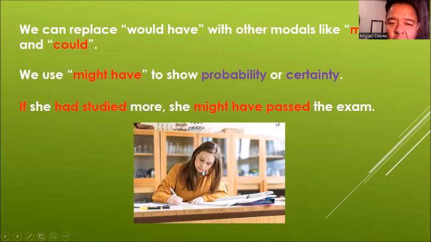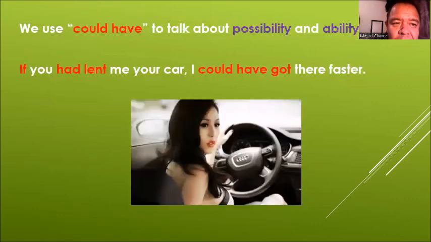In the result, we are expressing a probability. She might have passed the exam, but she might not. We use could have to talk about possibility and ability. Let's check the example. If you had lent me your car, I could have got there faster. This is the possibility to go there faster.